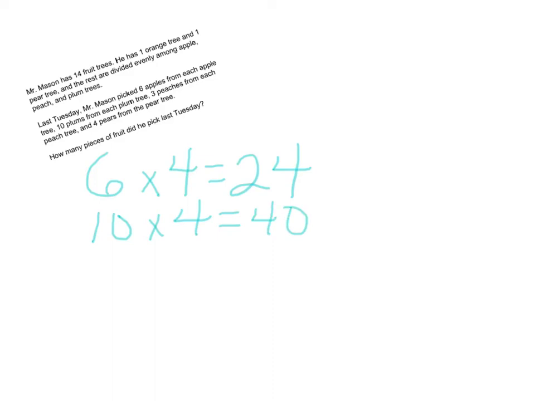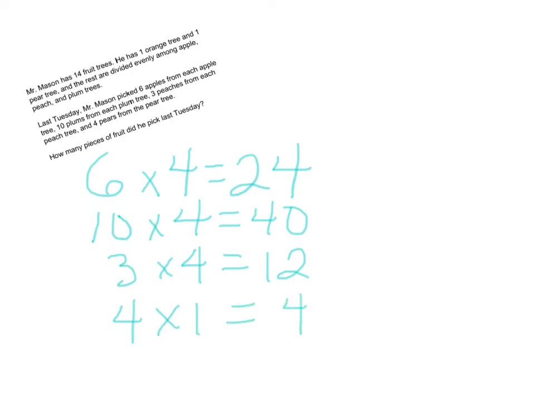Now that I have those, I'm going to go ahead and do our math and see if we can solve this. 6 apples times 4 trees, 24. We have 10 plums times 4 plum trees. We have 3 peaches times 4 peach trees. And we have 4 pears from 1 tree.